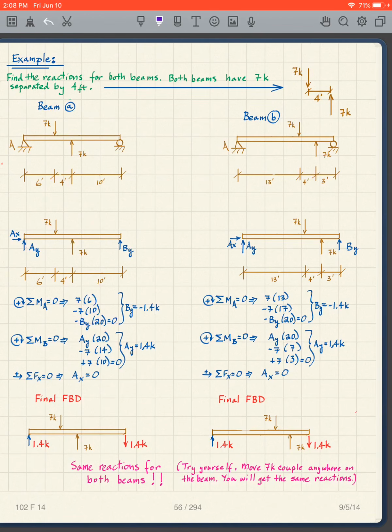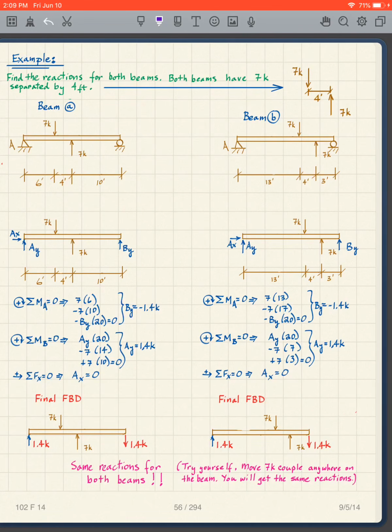For the other beam, I look at moments about A here, I'm going to have 7 times 13, 7 times 17, and then BY times 20. Now notice BY is equal to negative 1.4 kips. I get the same reaction, interestingly enough.